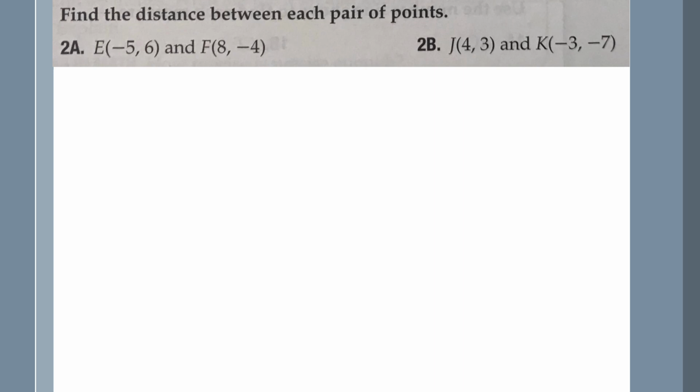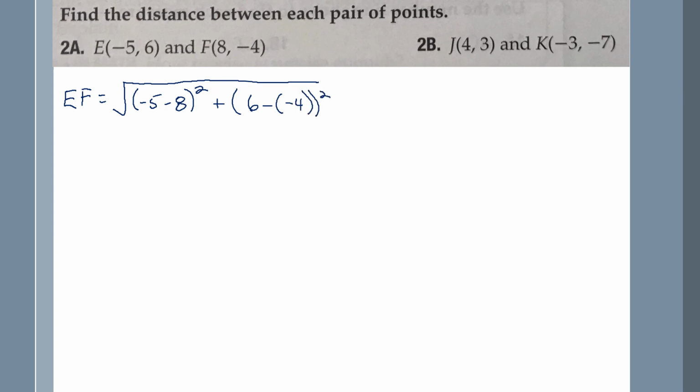Okay, so we're going to figure out the length of EF here. So EF is equal to the square root of (-5 minus 8) squared plus (6 minus -4) squared.